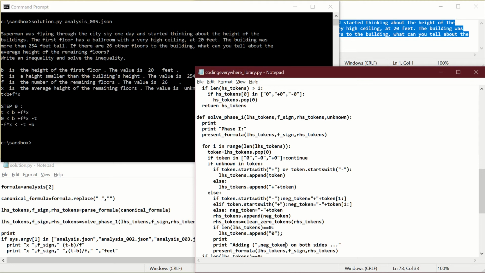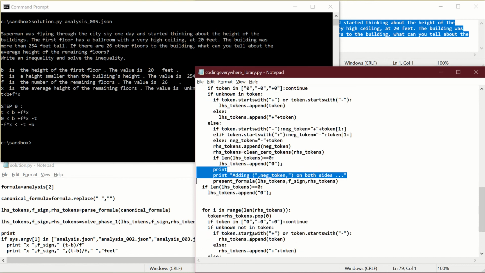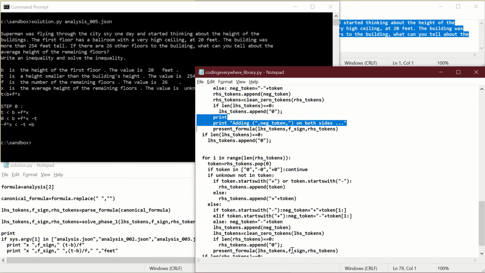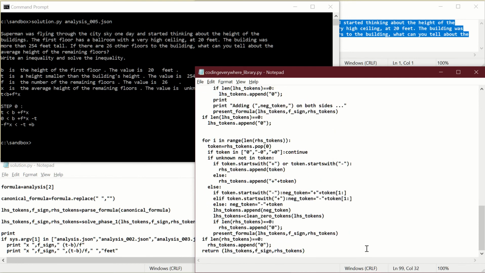So there will be 3 objects. First one is adding, and then the parentheses, then the negated token, whatever is its value, and then on both sides. And I will do the same thing when I'm moving tokens from right hand side to left hand side, that is here.